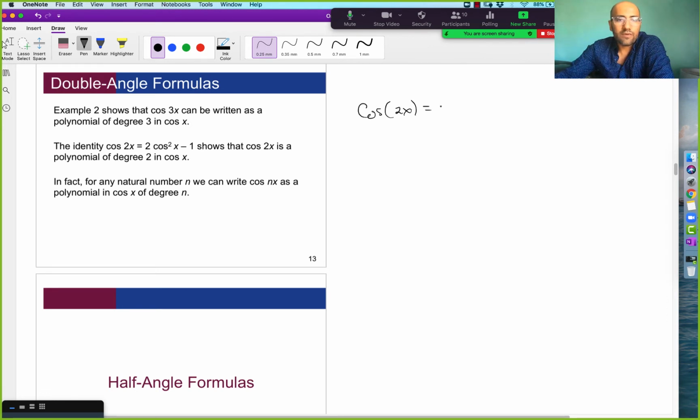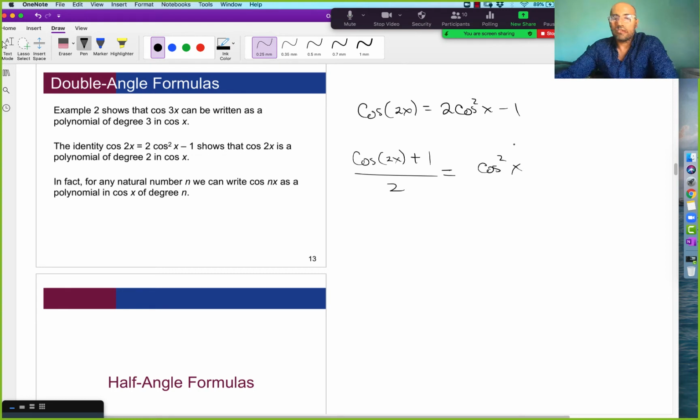We've already established that cosine 2x is equal to 2 cosine squared x minus 1. Now if we solve for this, we can move this over here: cosine 2x plus 1 divided by 2 equals cosine squared x. Okay, so we'll use this in a little bit.